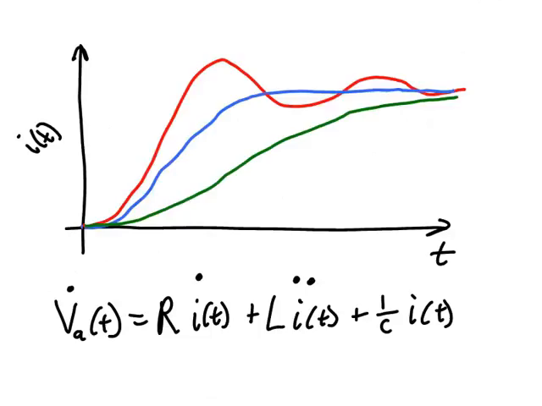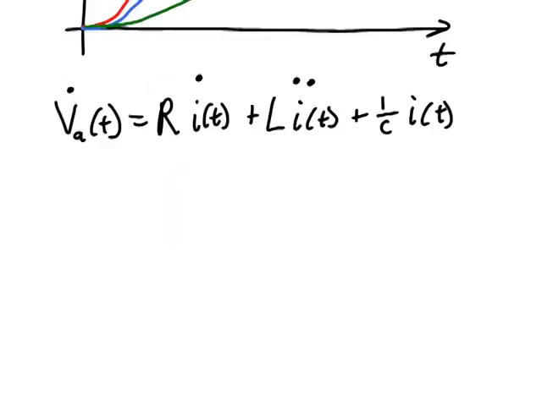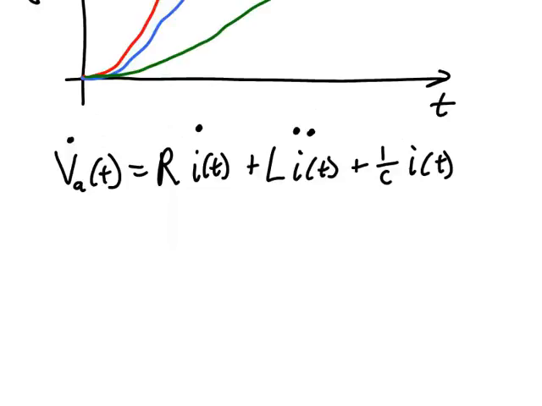The most straightforward way to do this is to compare our equation with what's known as the general equation of a second order system. You first saw the general equation of a second order system in the first problem set.